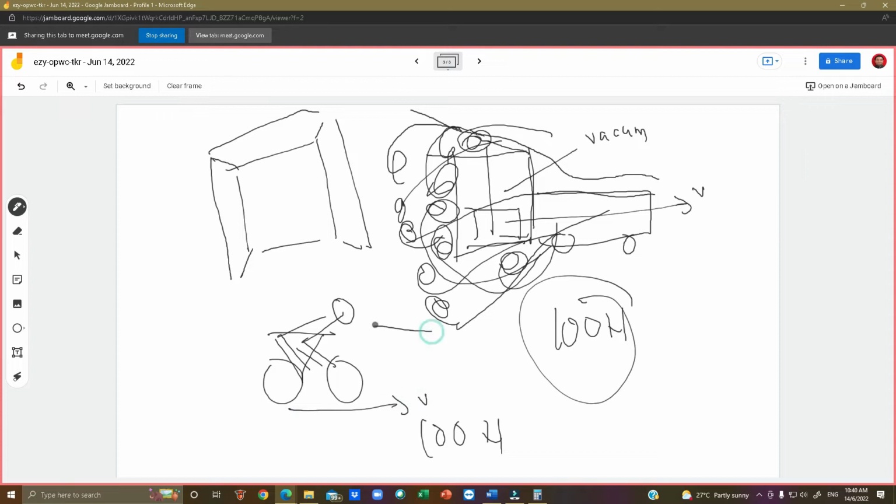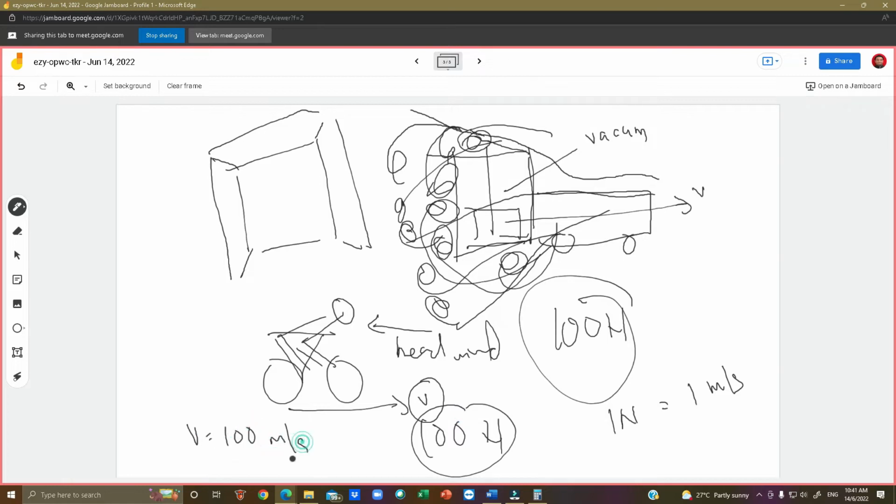At the same time, there will be headwind, which will reduce your velocity. Katalah tadi 1 Newton boleh bawa 1 meter per second. So 100 Newton, supposedly your velocity now is 100 meter per second. But you have headwind of, let's say, 35 meter per second. So you end up dengan V equals 65 meter per second sahaja.